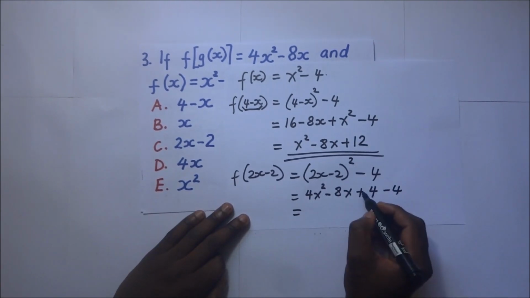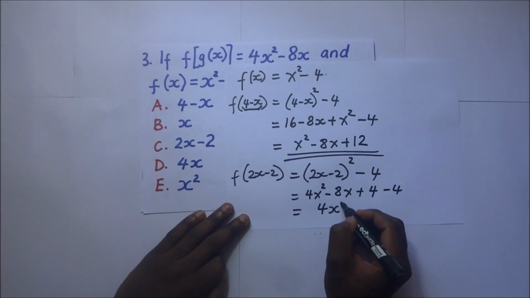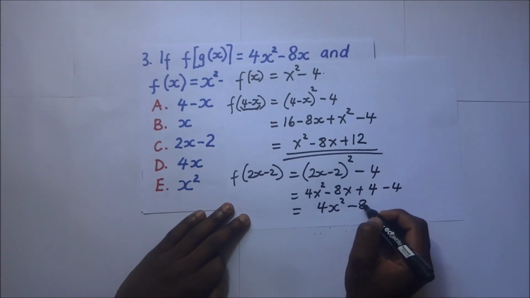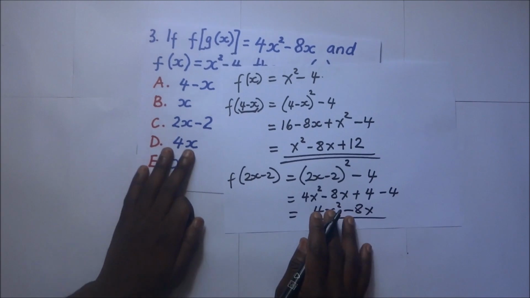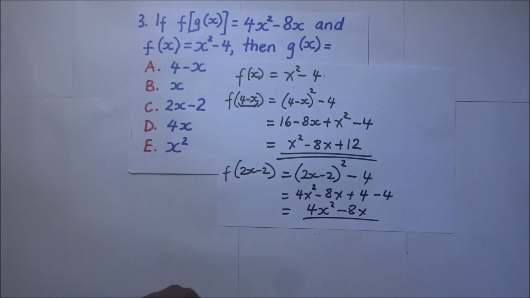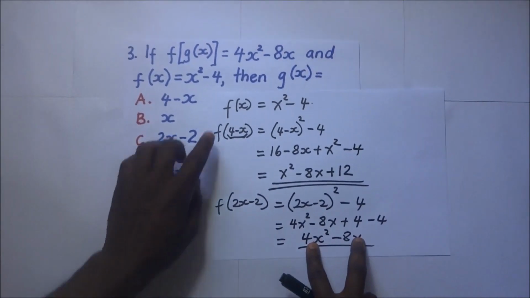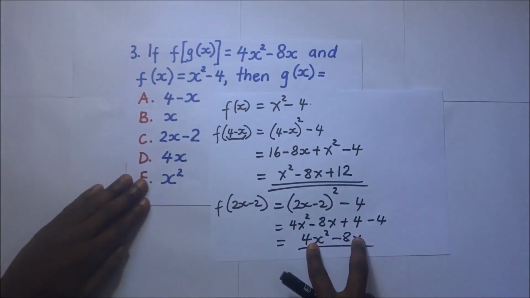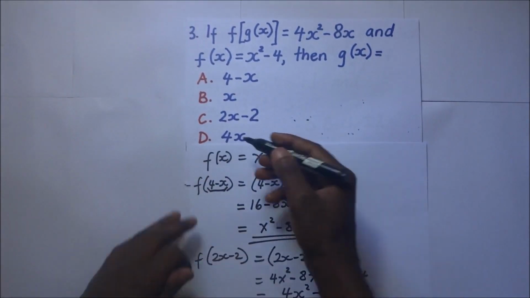Of course, this is going to become 4x squared minus 8x. And if you look at this, 4x squared minus 8x is consistent with this 4x squared minus 8x. In this case, the answer here is C.